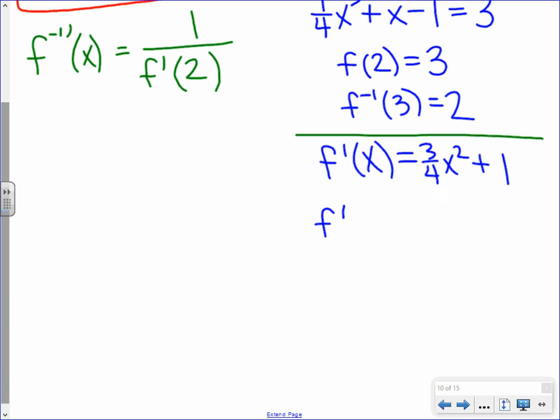So f prime of 2 would be what? Oh, wait, 4.